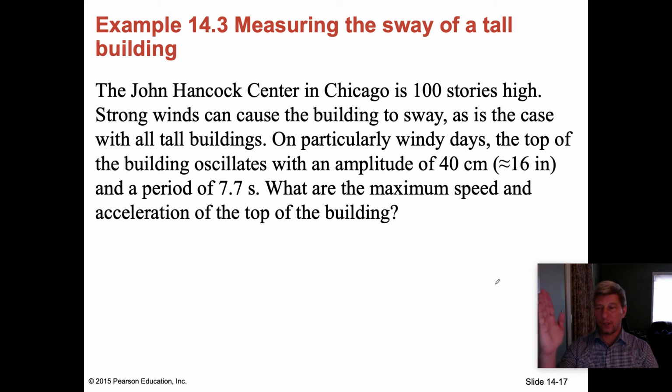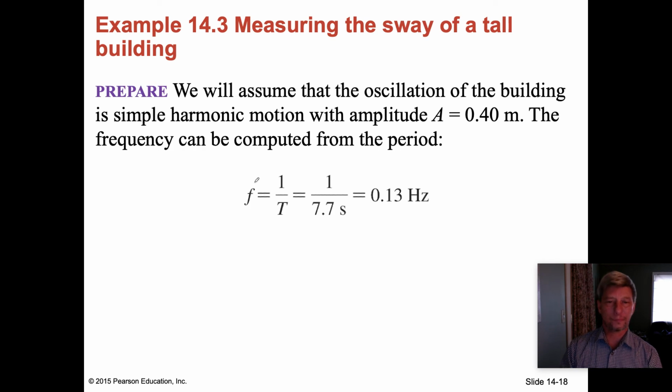So the building is literally swaying back and forth with simple harmonic motion every 7.7 seconds. So I've got an amplitude of 40 centimeters that I'm going to have to convert to meters, and I've got a period of 7.7 seconds, from which I can calculate the frequency.